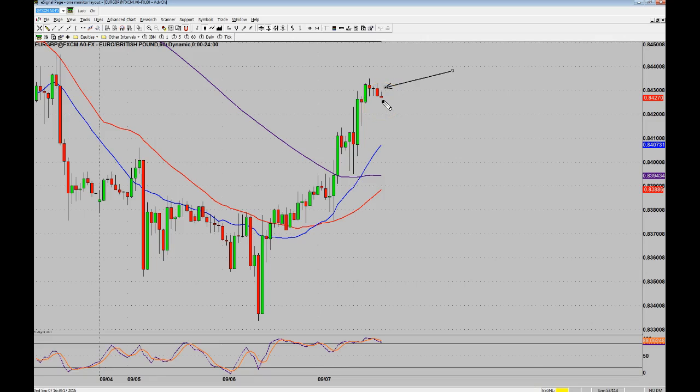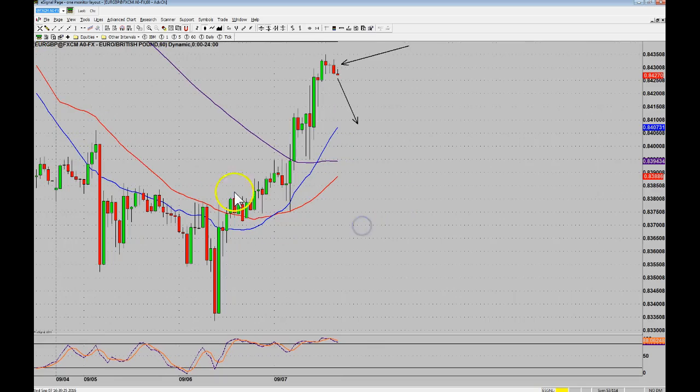And I would expect these 5-minute sells to eventually result in a multi-down move. Turns out it's a 60-minute chart, but I don't want you really thinking about that. That's not important. It's the candles. Okay, so we are expecting Euro Pound hourly sell action to pull us back into the river.